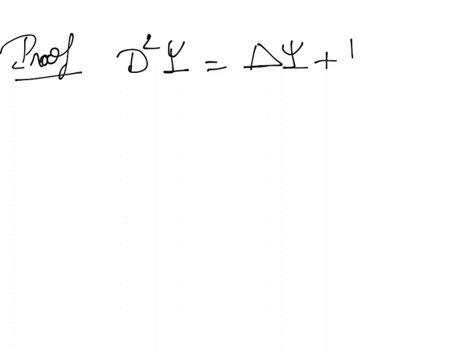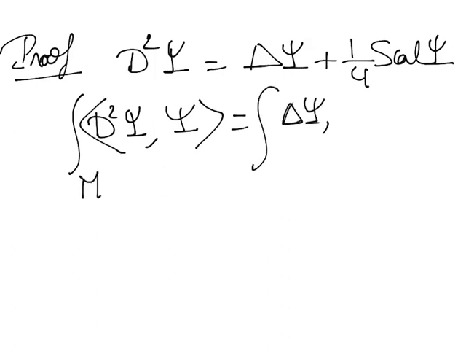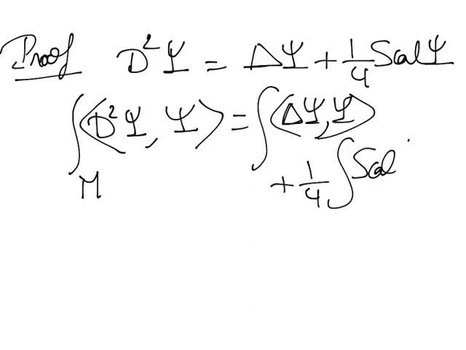Proof. Of course, these 2 points are direct application of the Schrödinger-Lichnerowicz formula. So if you take the Schrödinger-Lichnerowicz formula applied to any non-trivial spinor psi, we have D squared psi equals the Laplacian of psi plus 1 over 4 scalar curvature of psi. Now try to take the scalar product with psi, then integrate over M. So you get the integral of D squared psi with psi equals the integral of the Laplacian plus 1 over 4 the integral of scalar curvature times norm psi squared.